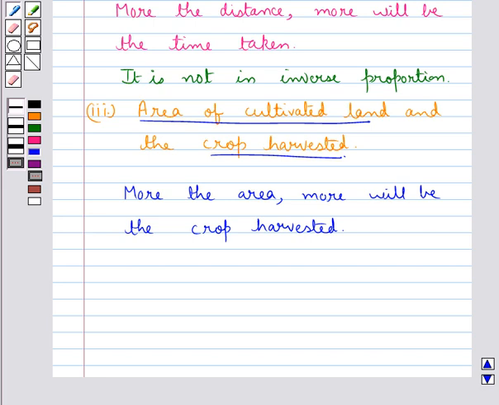Thus in this case, if one quantity increases, the other also increases. In the same way, if one quantity decreases, the other also decreases. So according to the key idea, we say that it is not in inverse proportion.